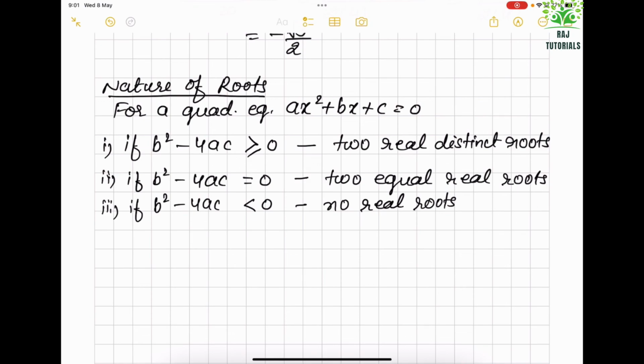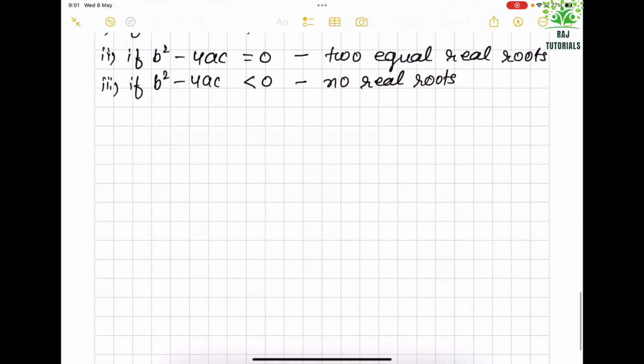Now suppose I am given the example 3x square minus 2x plus 1 by 3 equal to 0, and they have asked me to find the nature of roots.